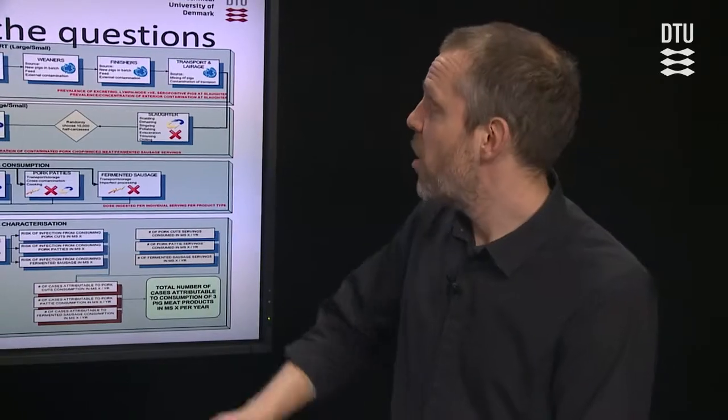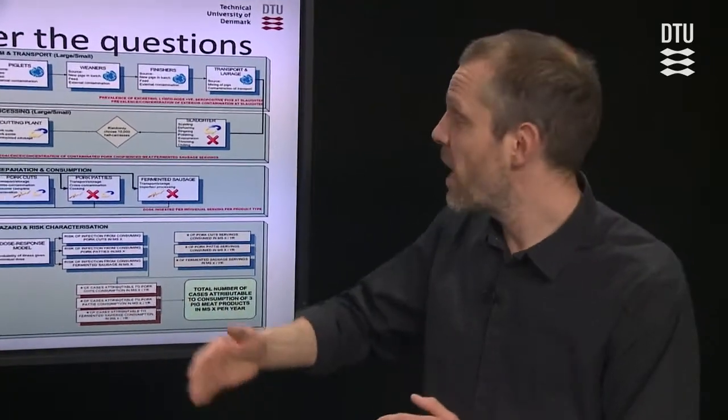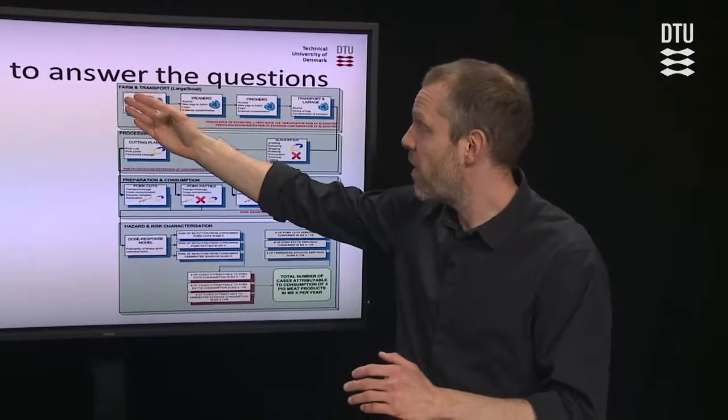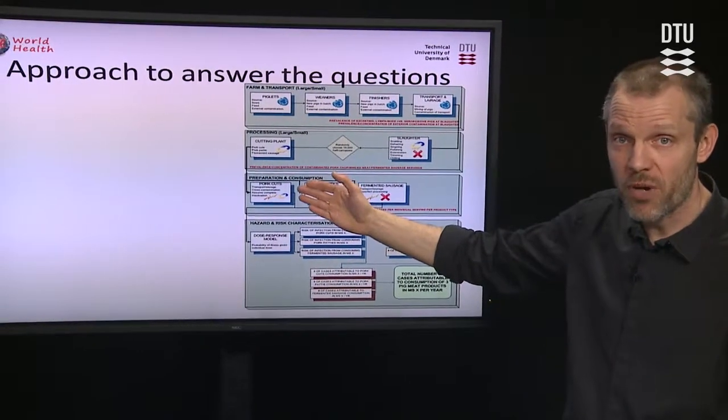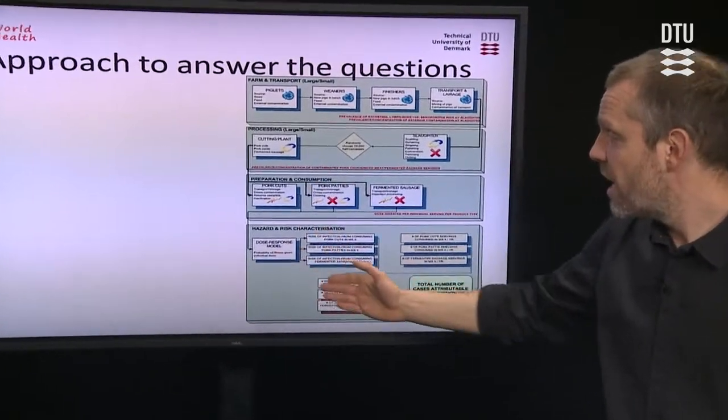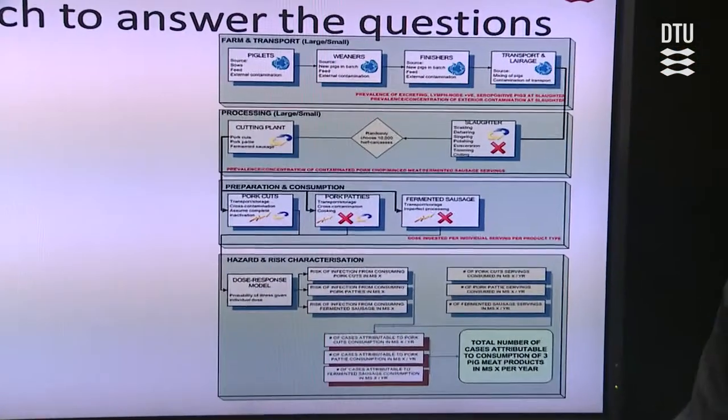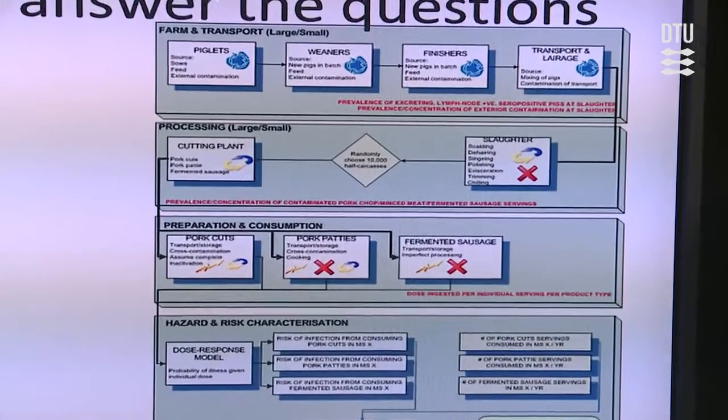Our approach to this question was to build a quite long model, because we had to address the whole chain: from farm and transport to slaughtering, to preparation and consumption at the private home, and then also the risk characterization, how people consume and how they react to the exposure.